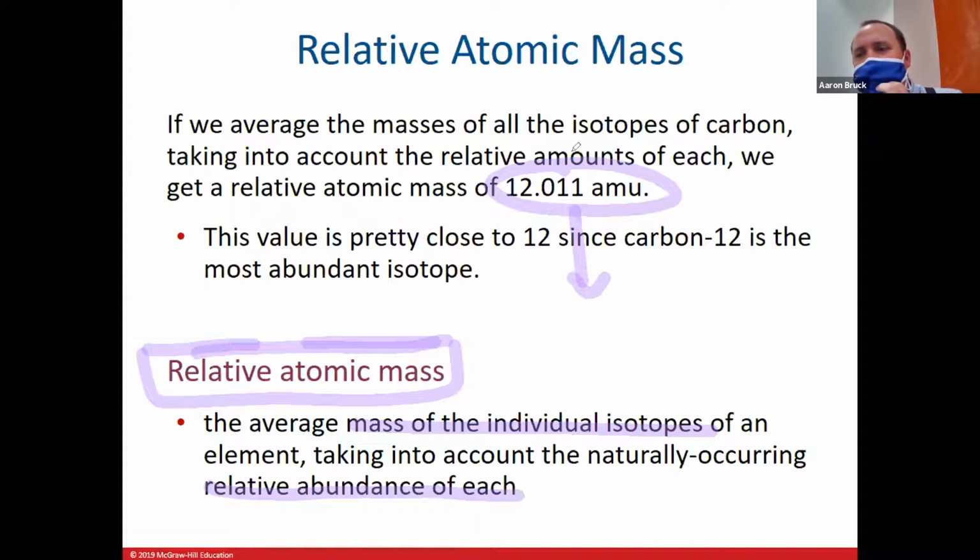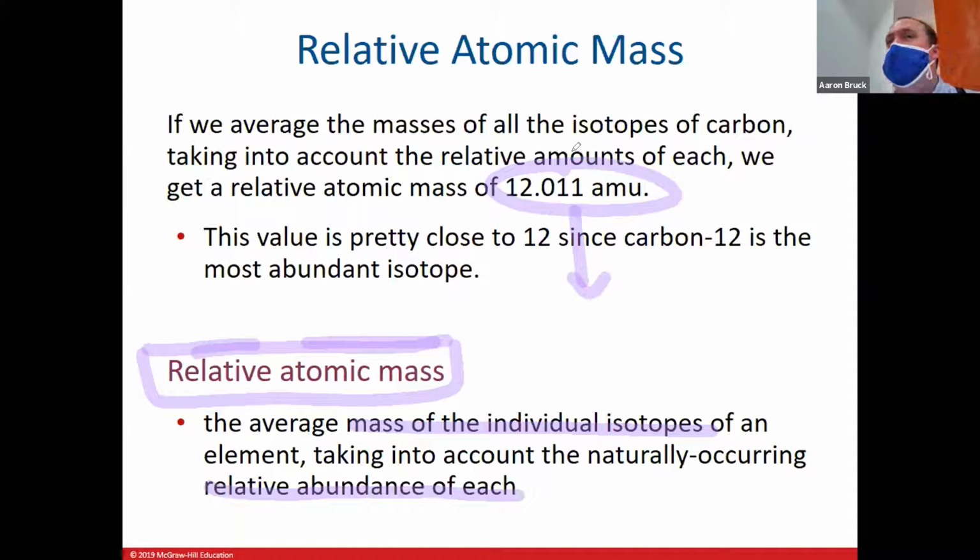So from the standpoint of carbon, we know that carbon-12 has a mass of 12. Carbon-13 has a mass of around 13, a little bit more. And carbon-14 has a mass of just over 14. If I did a simple average of those three isotopes, the number on the periodic table for carbon would be about 13. But it's not.